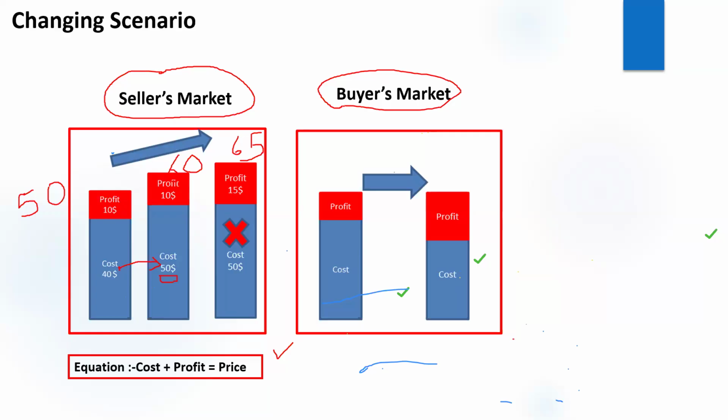For the same product, the same model, the customer checks the price on Amazon, then again on Flipkart, then on Meesho, because now it is a buyer's market, a customer's market. The customer is the king. Correct?